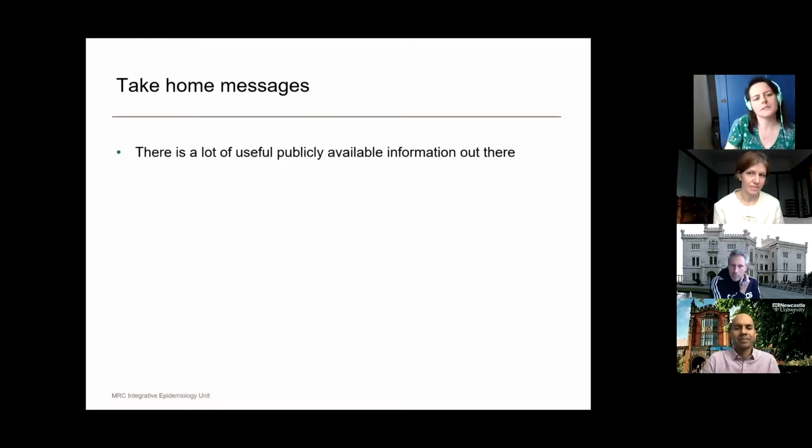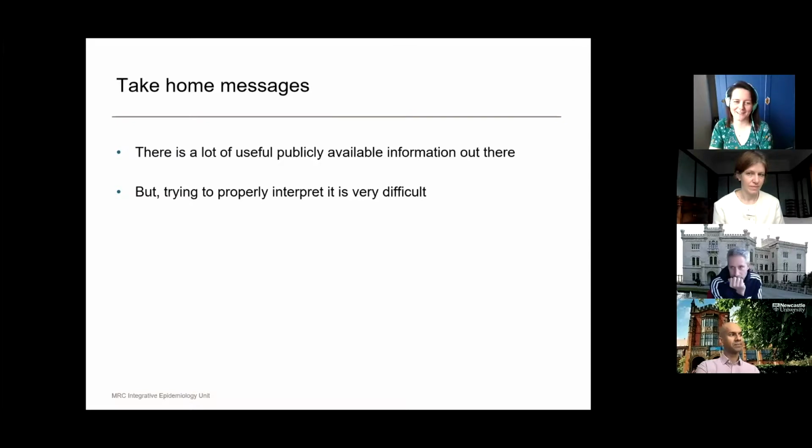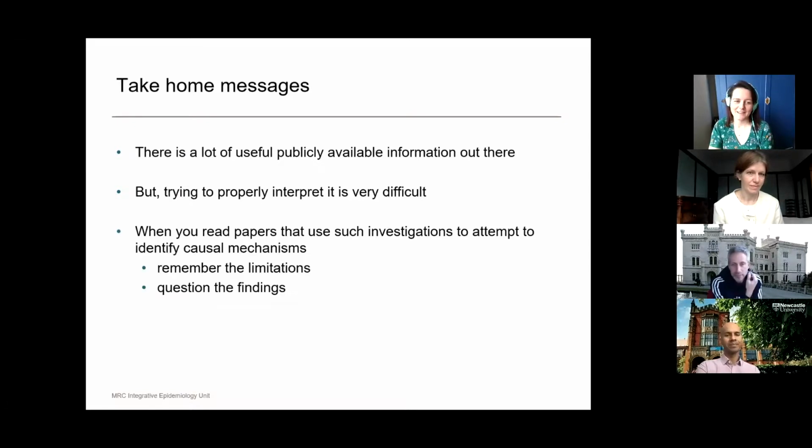So just some take-home messages as my final slide. There is a lot of useful publicly available information out there, but trying to interpret it properly is very difficult, and hopefully I've demonstrated that to some extent today.